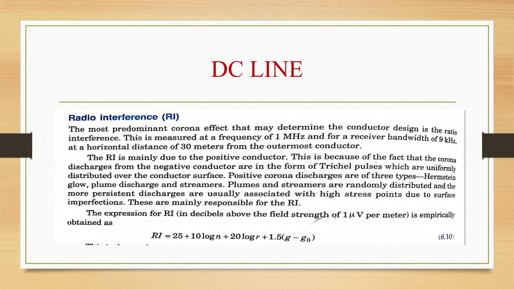Positive corona discharges are of three types: Hermstein glow, plume discharge, and streamers. Plumes and streamers are randomly distributed and their more persistent discharges are usually associated with high stress points due to surface imperfections. These are mainly responsible for the RI, radio interference.